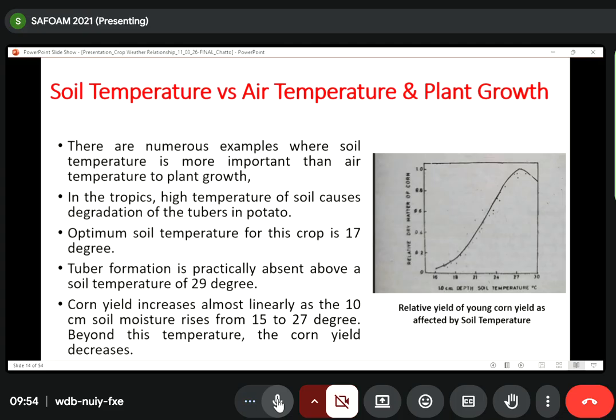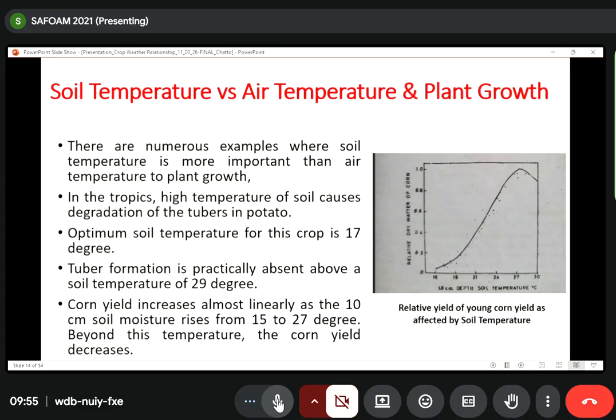The optimum soil temperature for this crop is 17 degrees. If it is around 17 degrees, then only it corresponds to tuber formation. And tuber formation is practically absent above a soil temperature of 29 degrees. So there we are not cultivating the potato crop.